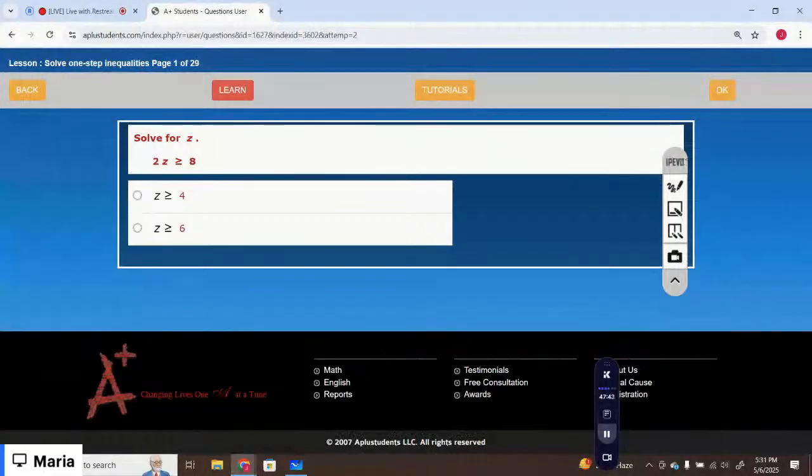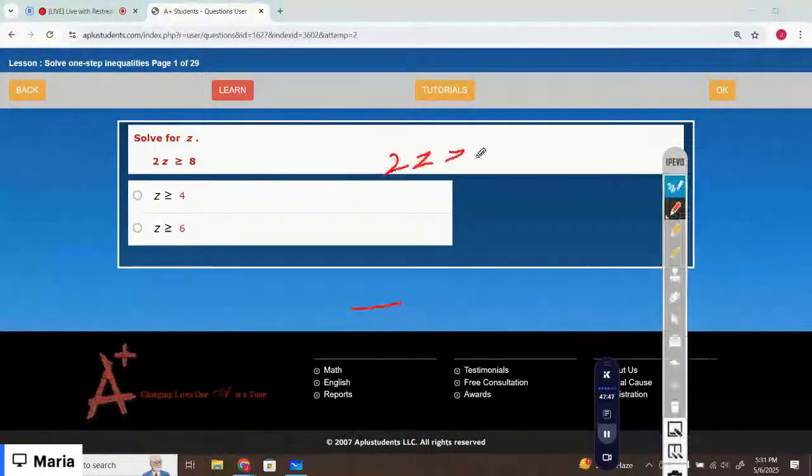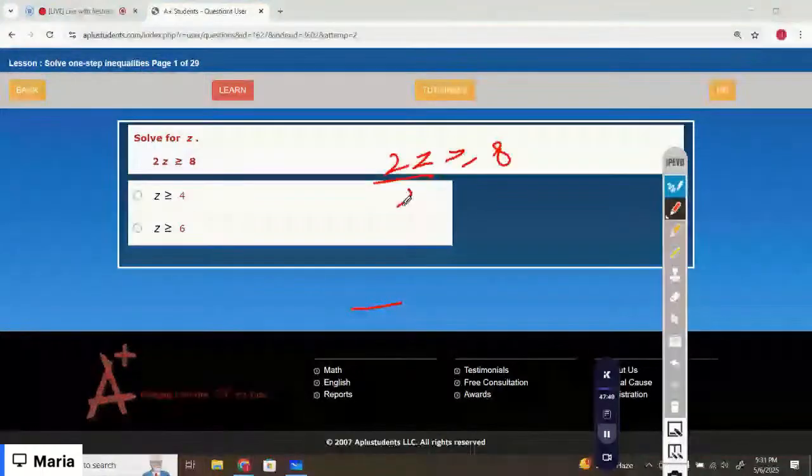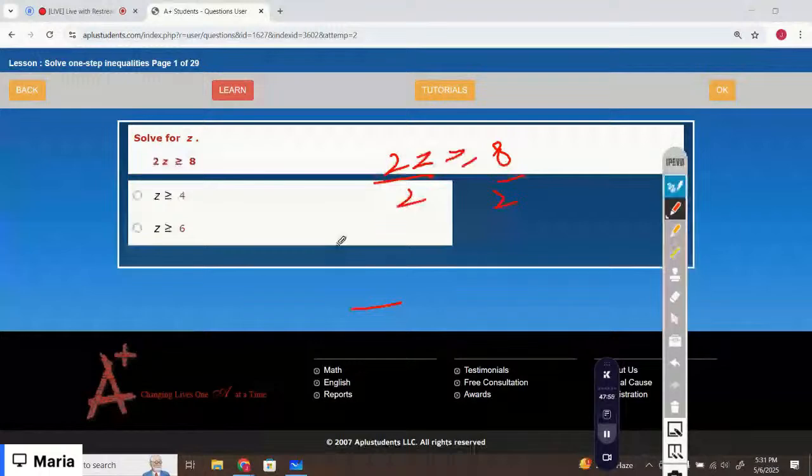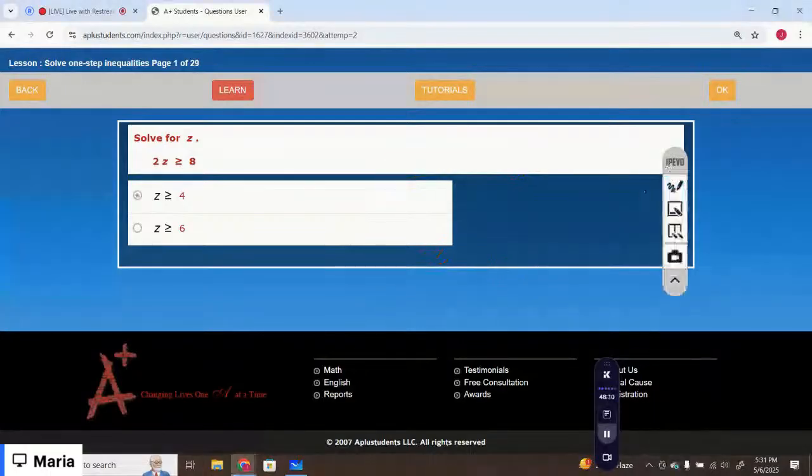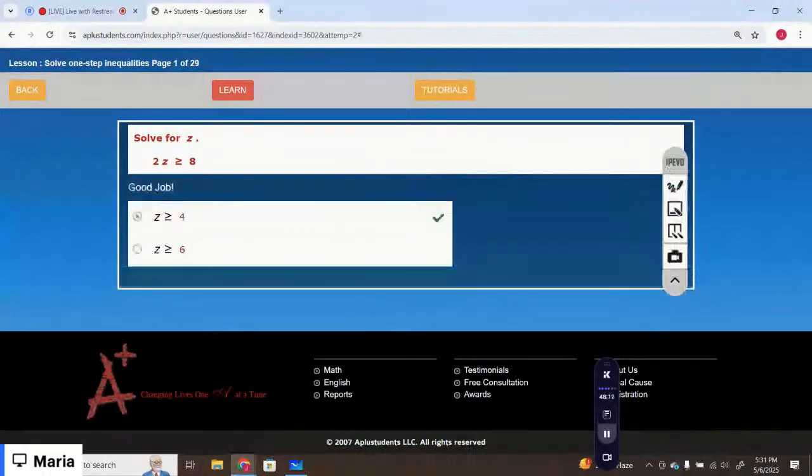Solve for z. 2z is greater than or equal to 8. We need to find the value of z. So let's divide both sides by 2. So z is greater than or equal to 4. Option number one is the correct option.